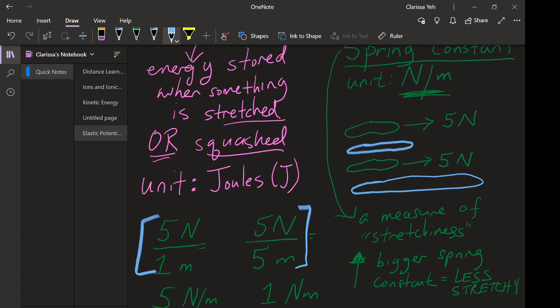Now, one thing interesting to think about is if it's possible to have something with a spring constant of 0, meaning it's infinitely stretchy. Well, in reality, this probably wouldn't be possible, but if we were engineers trying to design something as stretchy as possible, we're trying to get as close to 0 as possible for maximum stretchiness.